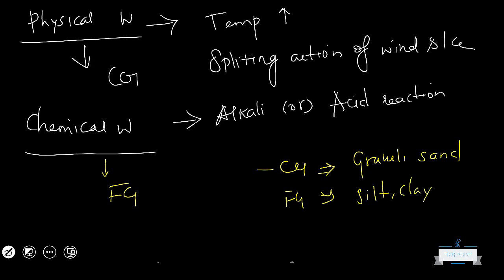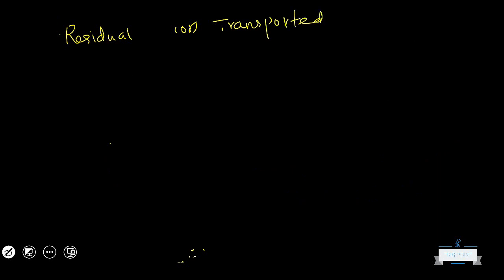After the soil is formed by the weathering action, soil may be residual or transported. Residual means soil remains in place directly over the parent rock, but transported soils are transported from one place to another place.